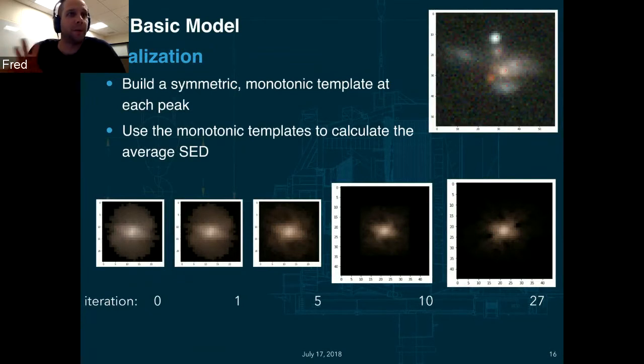Once we use that template, we apply it to the image, and that gives us our initial guess at the SED. For example, this peak 3 in this image, you can see it along the bottom. The image on the left is the initial guess, and on the right is what it came to after 27 iterations.